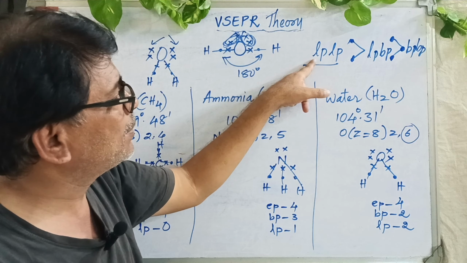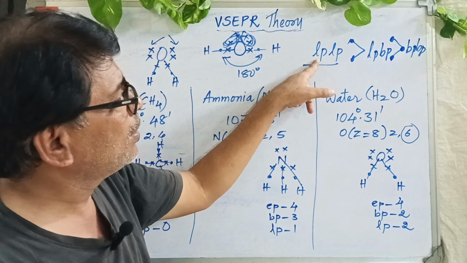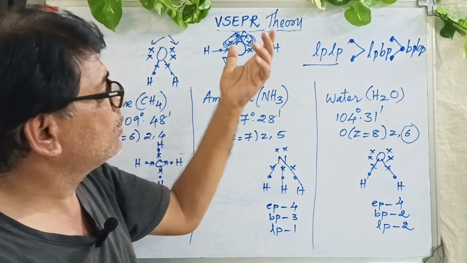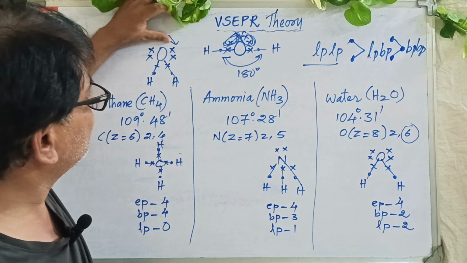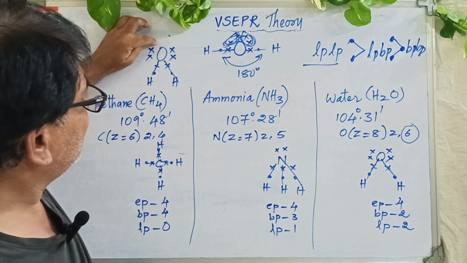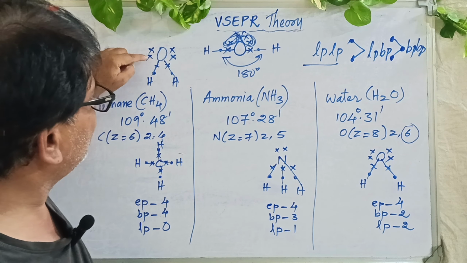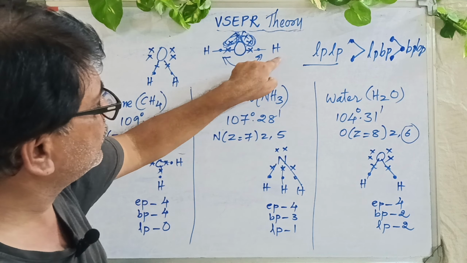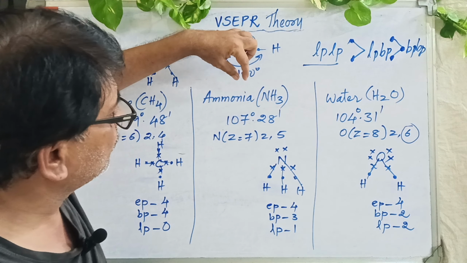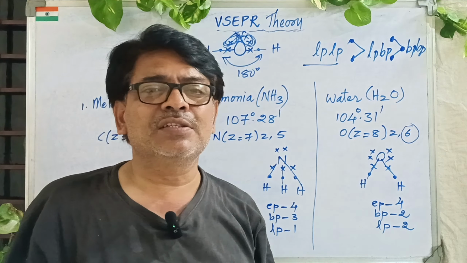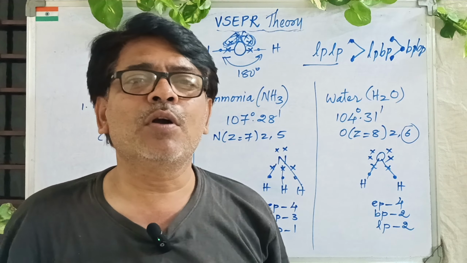Because VSEPR theory says that lone pair repulsion is more. So instead of staying here, they have come down. They don't want to see each other's face. Therefore, what was here previously? Hydrogen was here. Therefore, hydrogen is pushed down. In this way, we get the difference in the shape as well as bond angles.